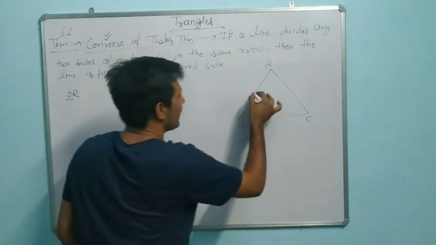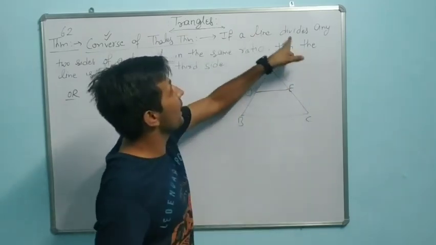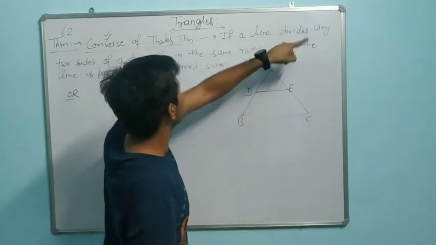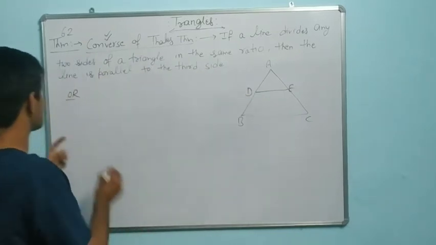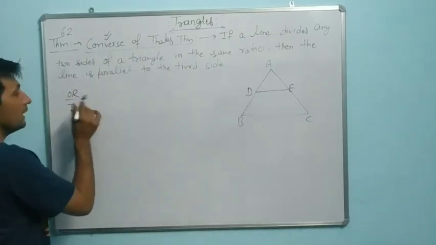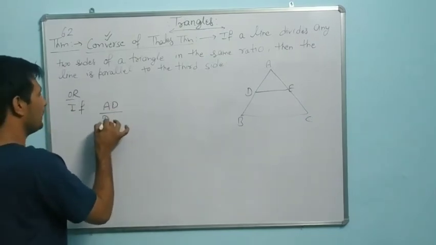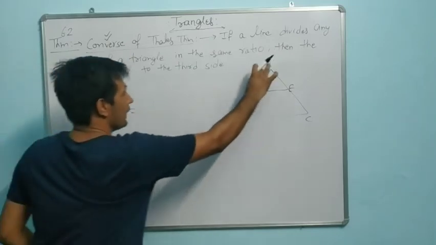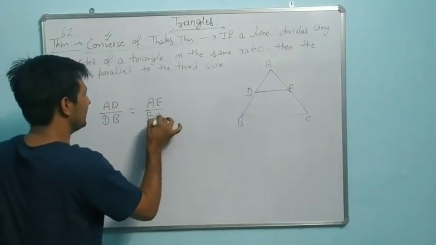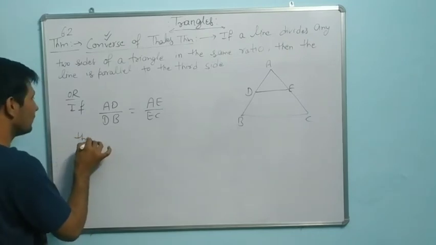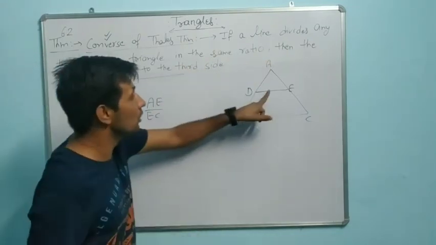Suppose the line is DE. If the line DE divides two sides of a triangle in the same ratio, AD upon DB equal to AE upon EC, then the line is parallel to the third side.